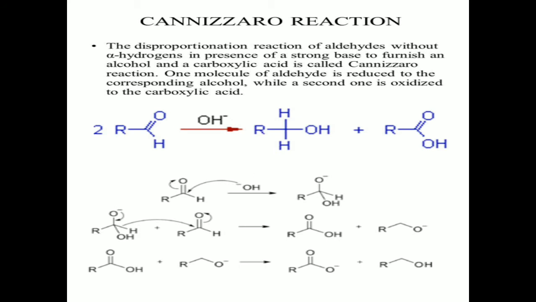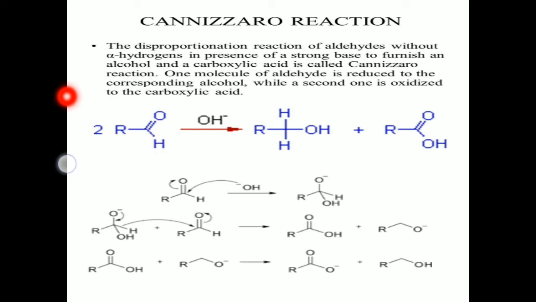Next, another reaction is a named reaction, which is called the Cannizzaro reaction. Here, two molecules of aldehyde participate in this particular reaction. That aldehyde should not contain alpha hydrogen.